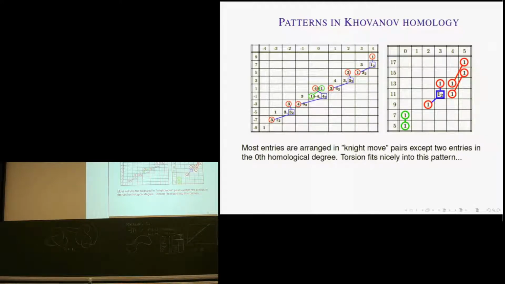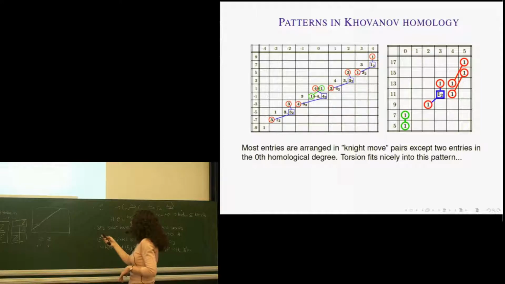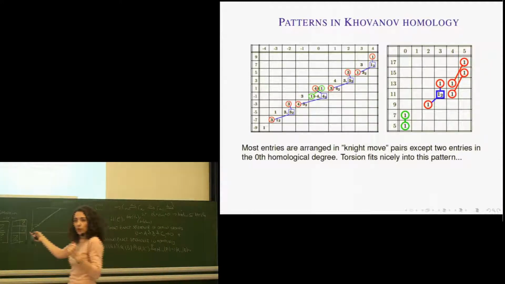This is 818. And you can see there's a 3 and a 3, and there's 3 copies of Z2 here. And then, for example, here there's a Z and a Z and 1 copy of Z2 here. And then this is actually the 3/4 torus knot, I think, 819. Again, in this zeroth grading, I have a pawn move, and then here, I think maybe they're more obvious knight move pairs. And then again, sometimes they come with the torsion associated with it, sometimes they don't.